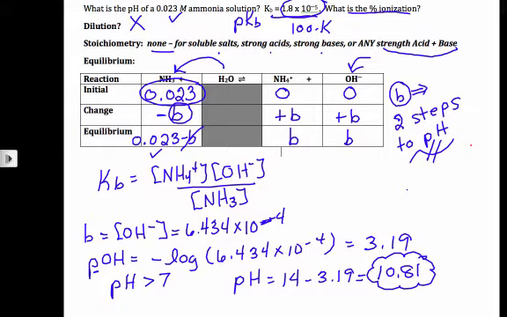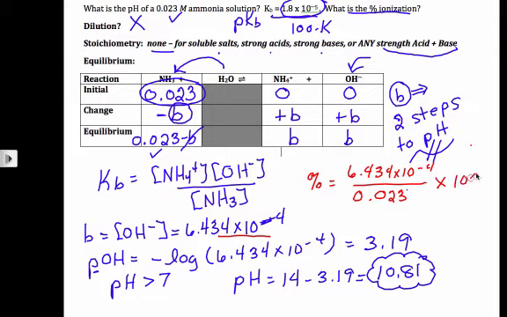Let's do our percent ionization, and we expect it to be much less than 100 because that's the definition of weak. So my percent ionization is going to be B, the amount that reacted, 6.434 times 10 to the minus 4th, over my initial amount. I want to know what part of this initial reacted, times 100, and I get for that 2.8%.